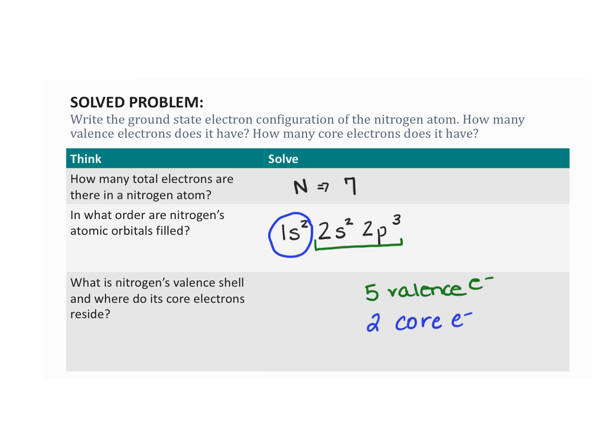And so we can use these electron configurations to figure out how many valence electrons and how many core electrons we have. Now remember, we can also figure this out using the periodic table. You can see nitrogen is in group 5, and it's going to have 5 valence electrons because it's in group 5. So there's 2 ways to solve this problem.